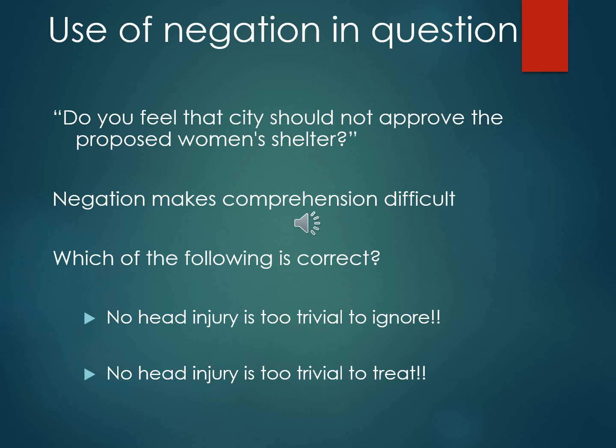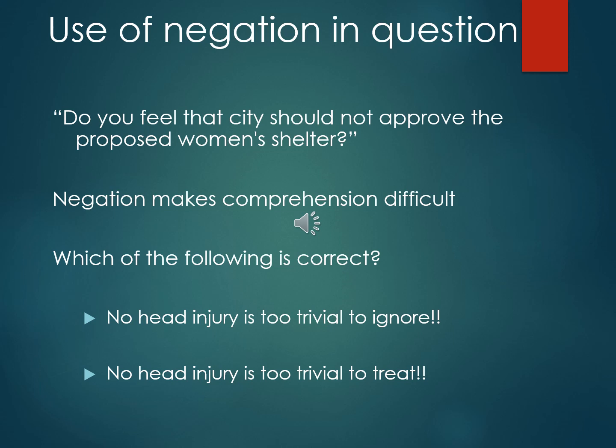So I'm going to give you another example. Which of the following is actually correct, given what you believe about head injury? No head injury is too trivial to ignore. No head injury is too trivial to treat. My understanding based on the research as well as my personal experience with student responses is that they often think these two sentences mean the same thing, even though the main verb, which is ignore in the first and treat in the second sentence, is a complete opposite.